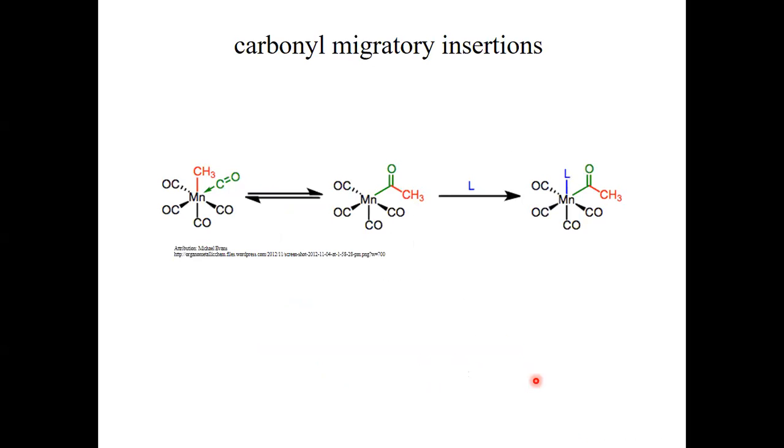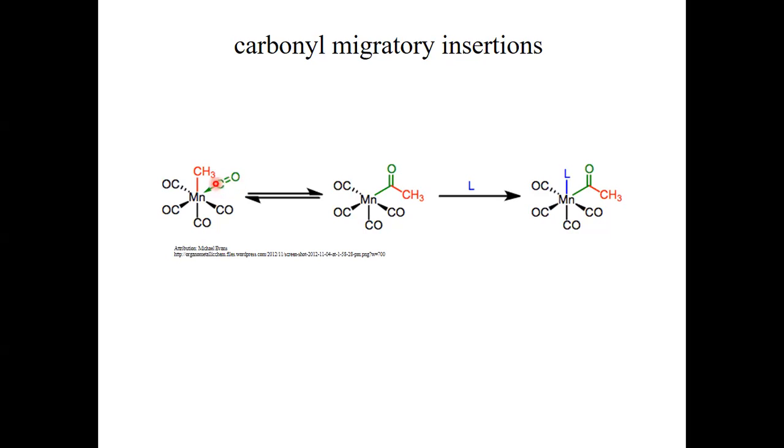Okay, so here are a few illustrations for this. Here you have so-called carbonyl migratory insertion. When you have that, the neutral unsaturated ligand is carbonyl. And upon insertion, the anionic ligand is extended by one carbon, in particular a carbonyl group.